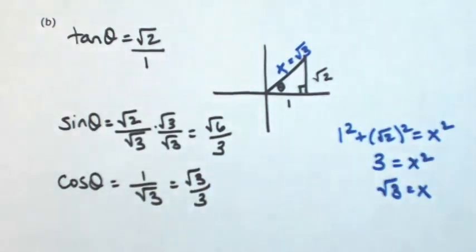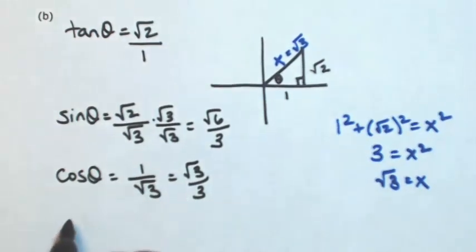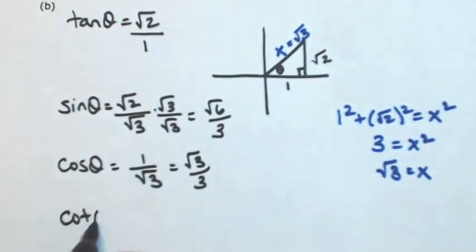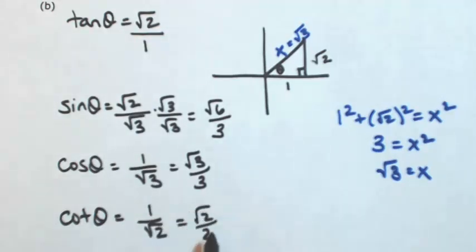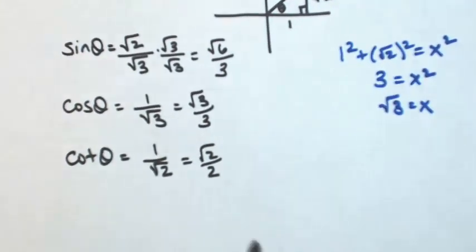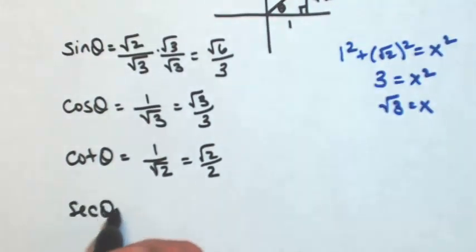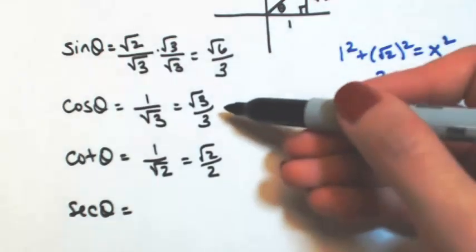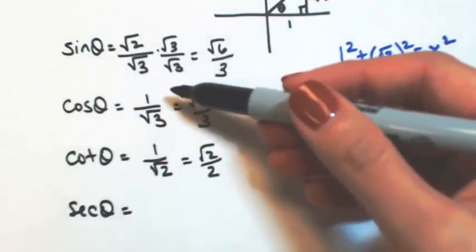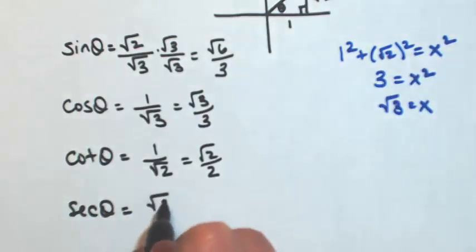Tangent was given, so now we'll just use all of our reciprocals. So then the cotangent of theta is 1 over the square root of 2. Secant of theta is going to be the reciprocal of cosine. Let me go back to before I rationalized it and take the reciprocal of that.